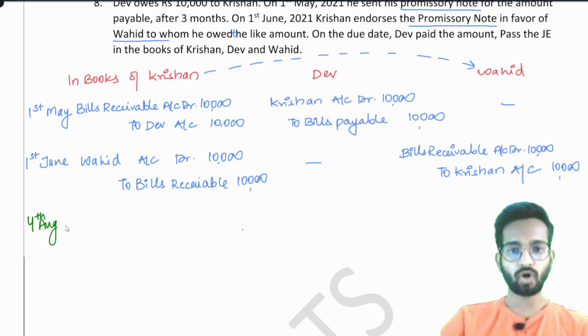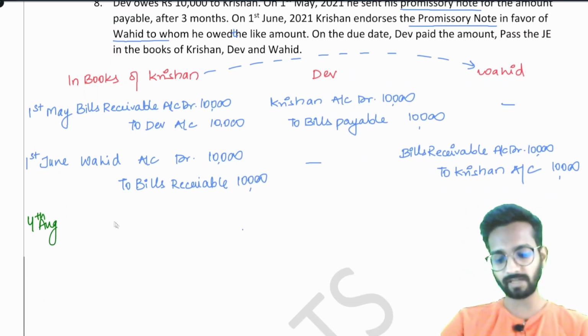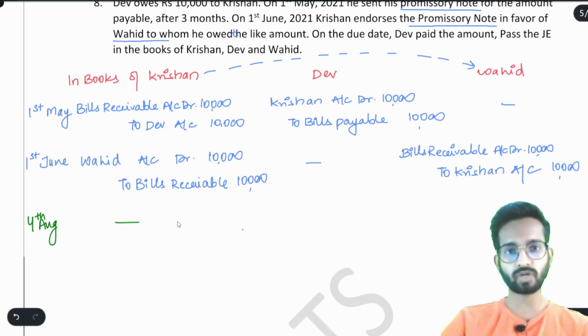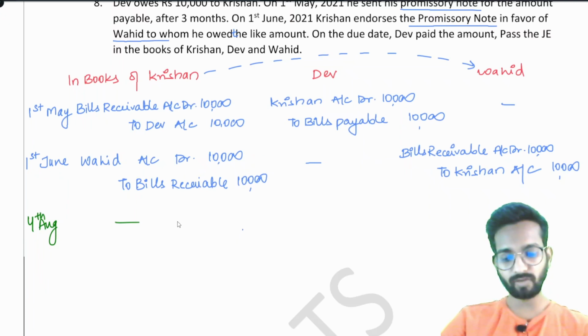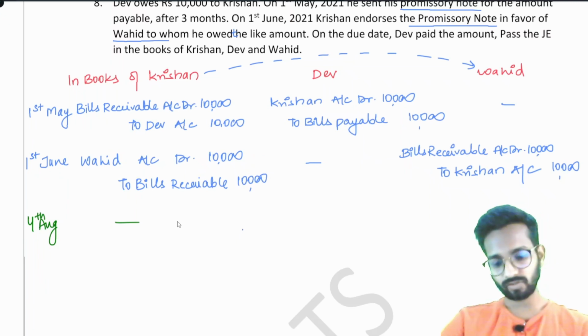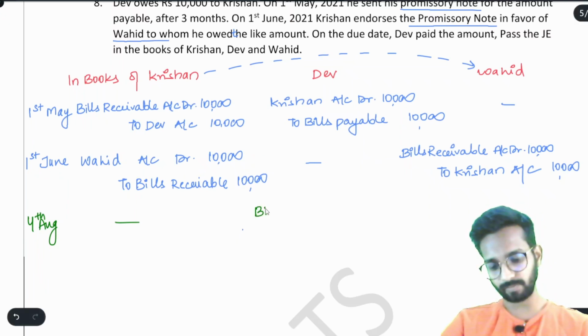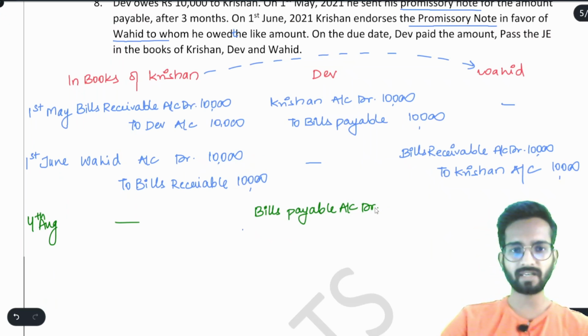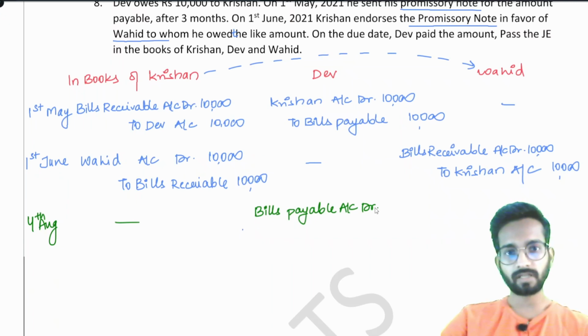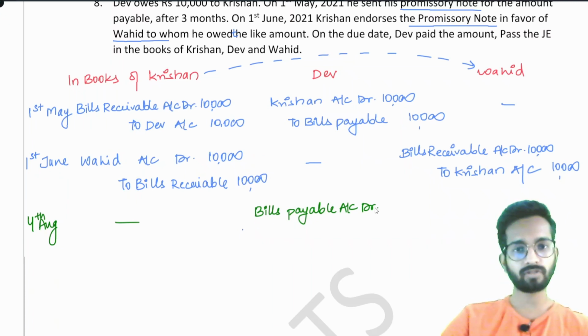See, on the due date, Krishan will not receive any money. Why? Because Krishan does not have the bill. Krishan has given that bill to Wahid. On due date, Dev has to pay the amount. So Dev will pay bills payable account debit. See, it doesn't matter to Dev whoever has the bill. The person who holds the bill, Dev will pay that amount to that person.